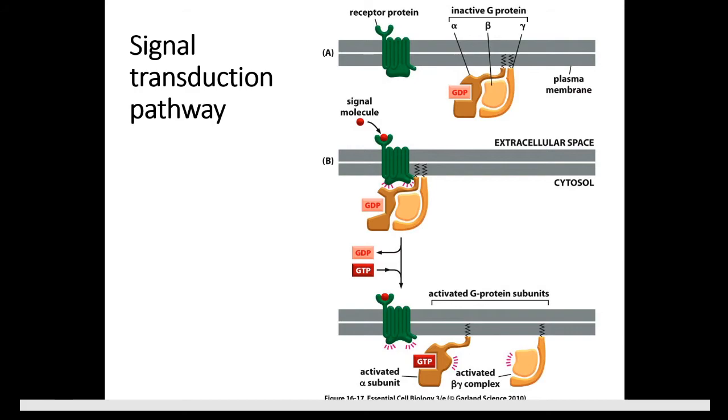After the conversion to GTP, the alpha subunit alone gets activated and separates from beta and gamma. Now in between the signaling pathway, the alpha subunit alone is activated and moves away from the whole G protein, and both parts carry signals, both in activated form.